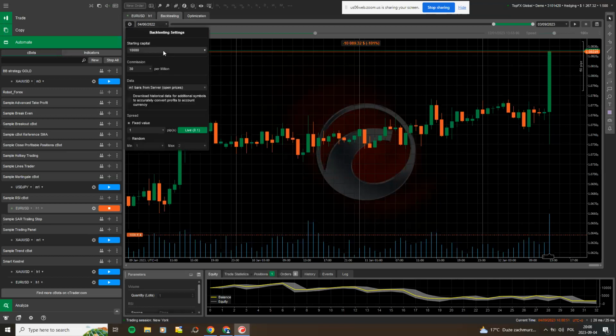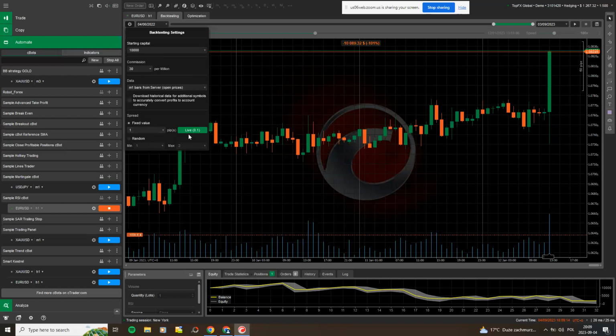So if we leave our backtesting settings like this, we have 10,000 starting capital. The commission is 50 per million. We are using M1 bars from the server, so that's our open prices. It's fine. M1 data from the server, that's fine.